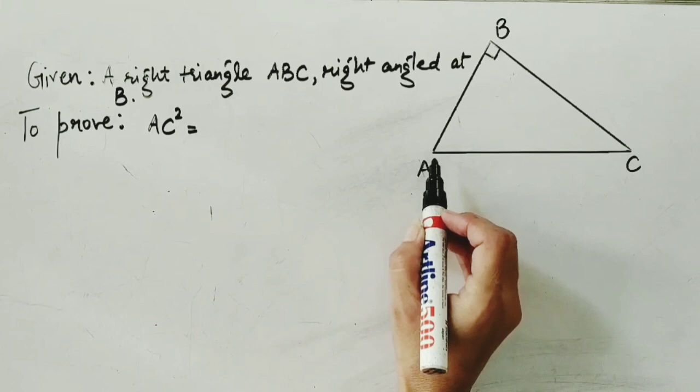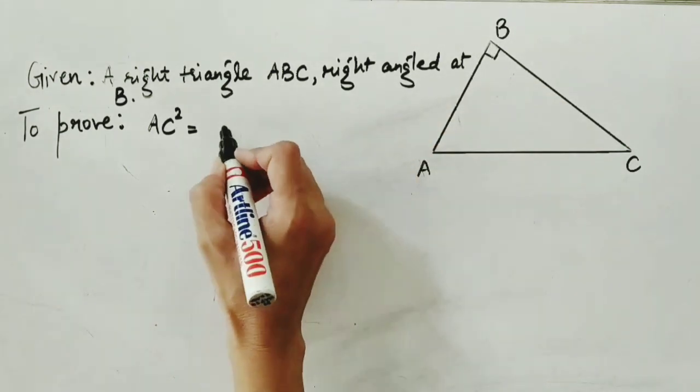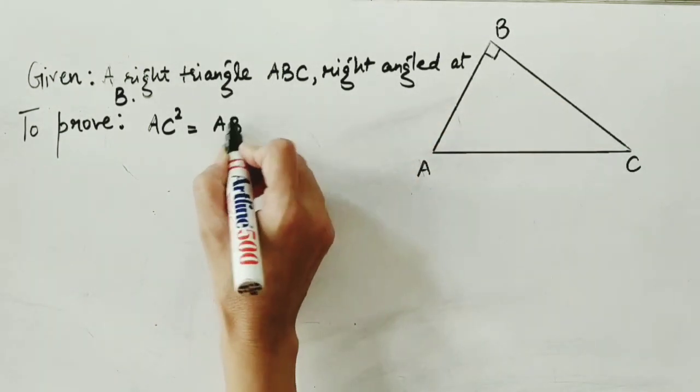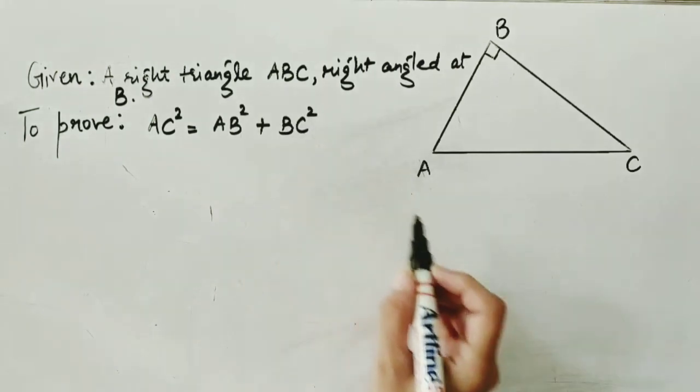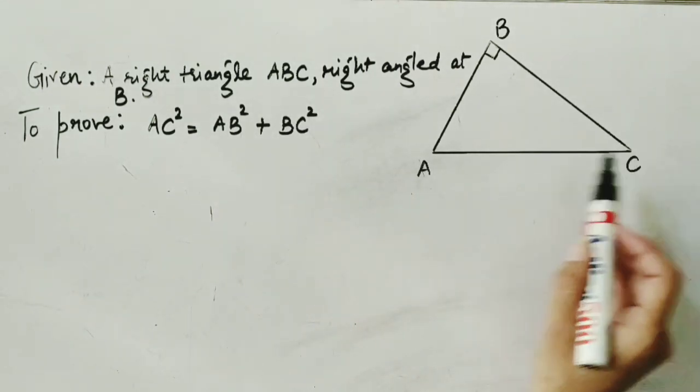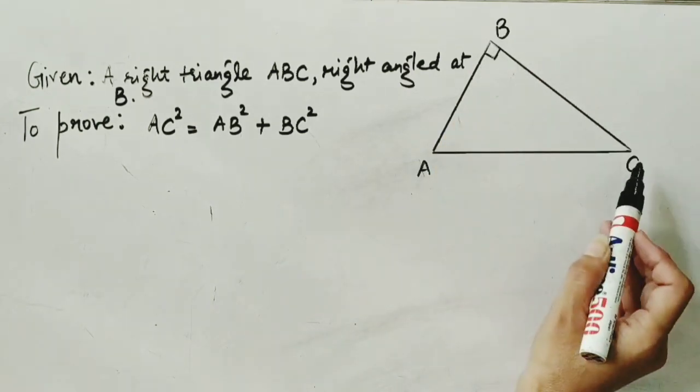The other two sides are AB square and BC square. So this needs to be proved, that AC square is AB square plus BC square.